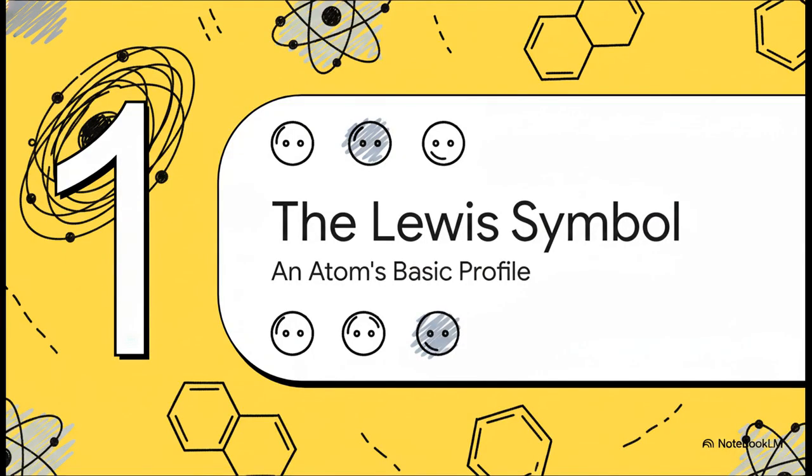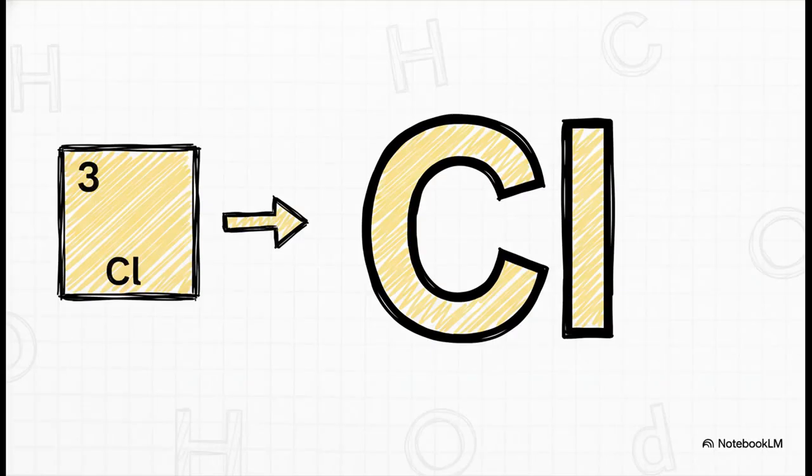So before we can draw a whole molecule, we have to start with a single atom. You've got to start with a single brick before you build the house. And we do that using a really simple notation called a Lewis symbol. It's super, super simple. Step 1, you just write down the chemical symbol for the element. So if we're talking about chlorine, we just write Cl.